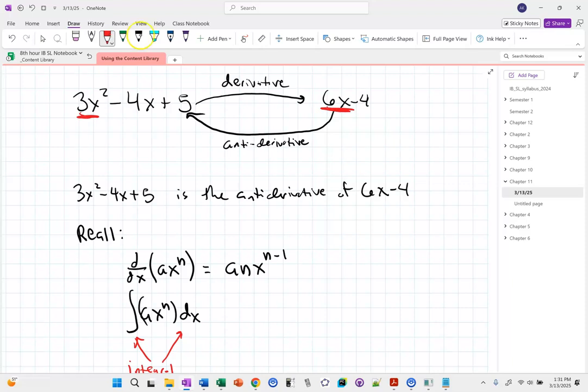So the anti-differentiation rule is adding 1 to the exponent and then dividing by that new exponent.